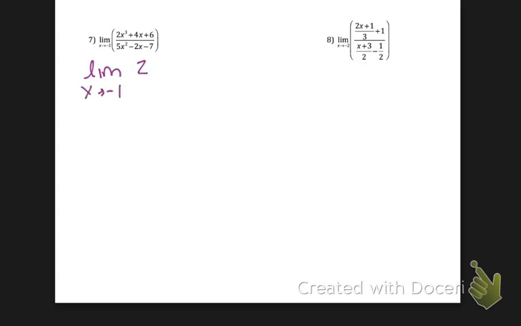So I'm going to leave the numerator as is. And my denominator will factor with an x plus 1 and a 5x minus 7. Now here's a little hint. We know that we're producing 0 over 0, so we know that there's a factor in the numerator and denominator causing 0.